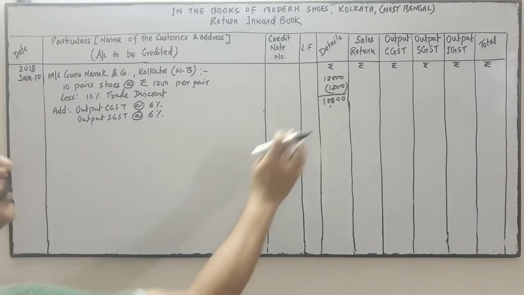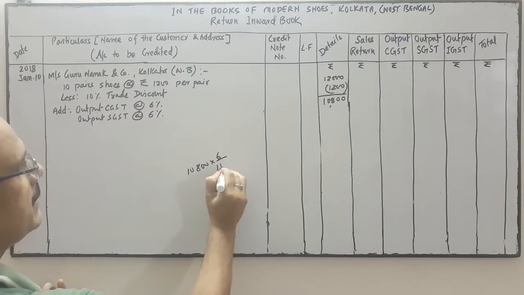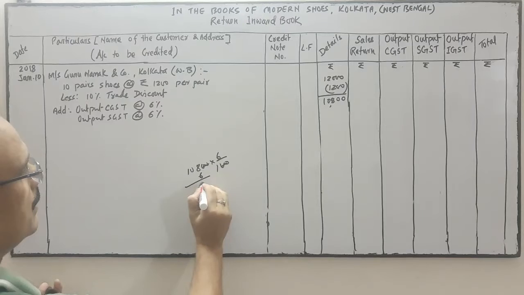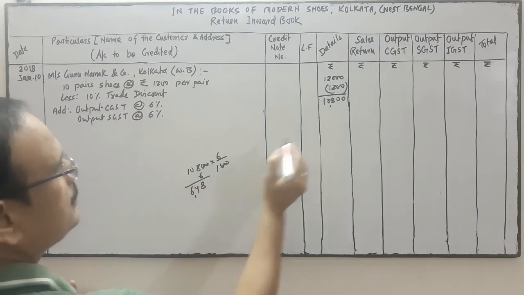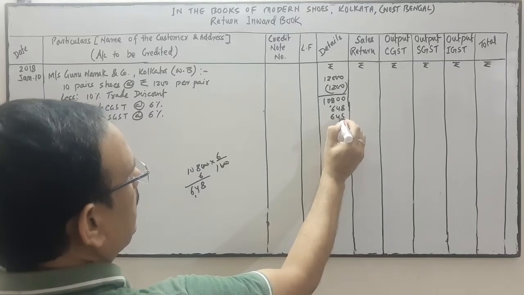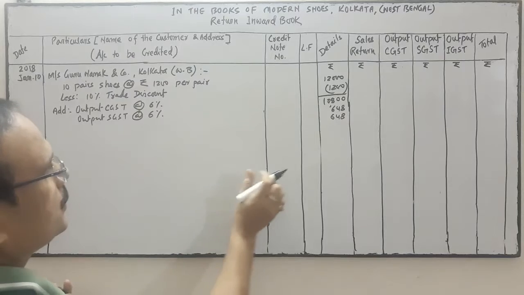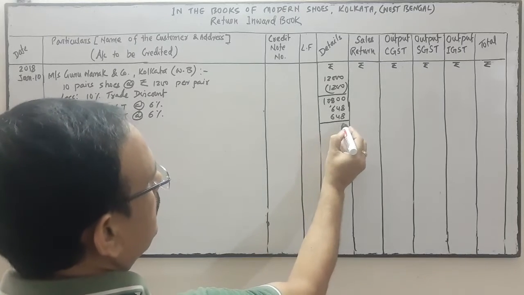So 6% of this amount 10,800 is 648 and 648. Okay, 6% both CGST and SGST.